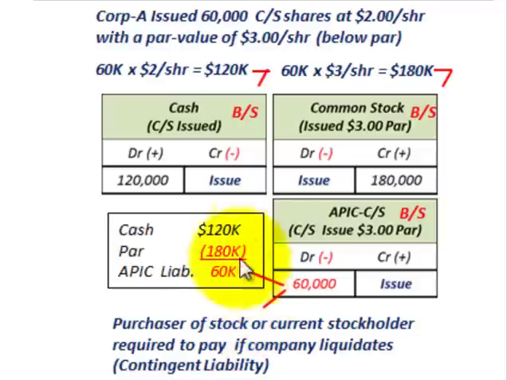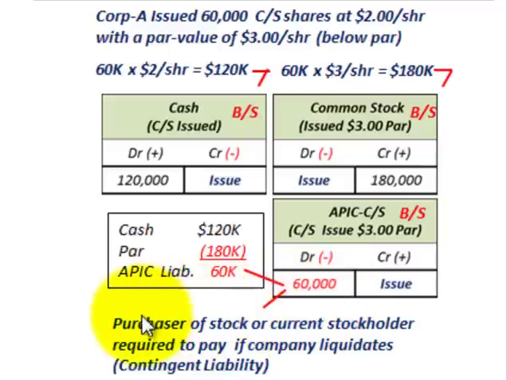So when companies are issuing stock, they want to issue it with a very low par value. I've got a little higher par value shown in this example, but typically they want to issue it at a very low par value. Let's just say it would be 25, 30, 40, or 50 cents instead of the $3.